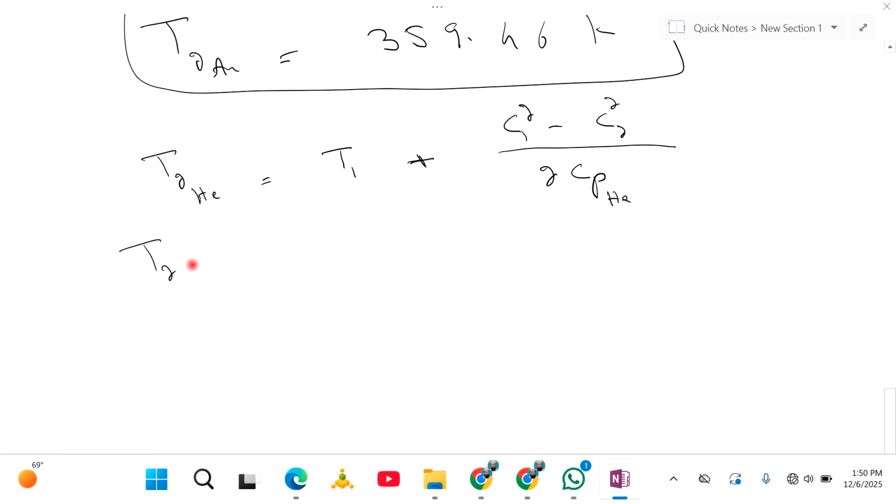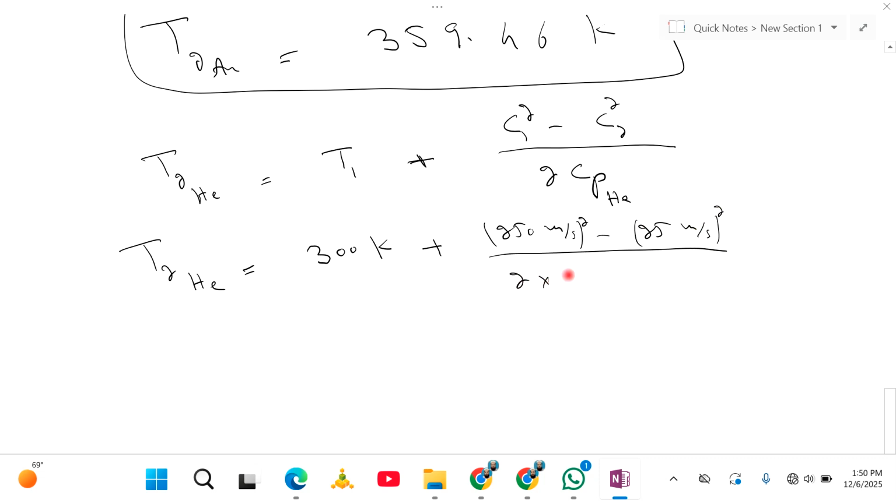Putting values, T2 for helium is equal to T1, 300 Kelvin, plus C1 square, 250 meter per second whole square, minus C2 square, 25 meter per second whole square, divided by 2 times Cp of helium, 5.1926 kilojoule per kilogram per Kelvin. Kilo is equal to 1000 and joule is equal to Newton meter.